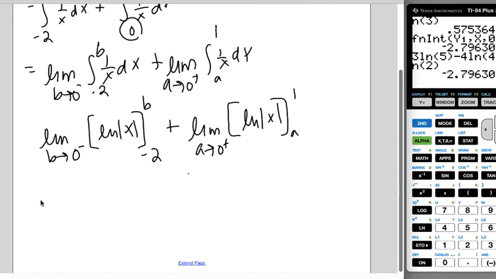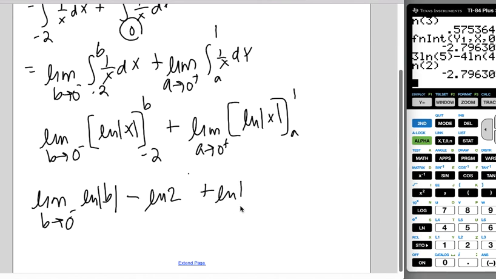So when we plug in, we're going to get that this is the limit as b approaches 0 from the left of natural log of absolute value of b minus the natural log of 2. Here I'm going to get plus the natural log of 1 minus the limit as a approaches 0 from the right of natural log of the absolute value of a.